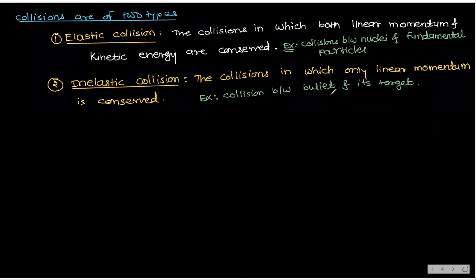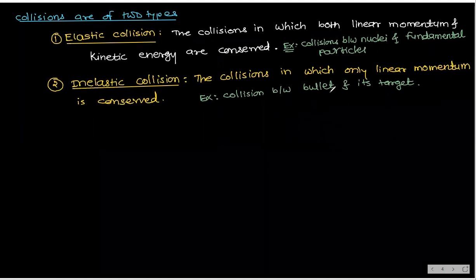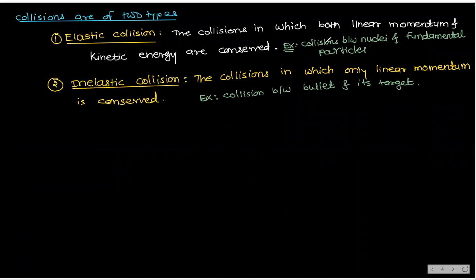How we have considered these examples: where both are conserved, that is this one, and where only linear momentum is conserved, that is this bullet and its target. So according to that we have written the examples, right?